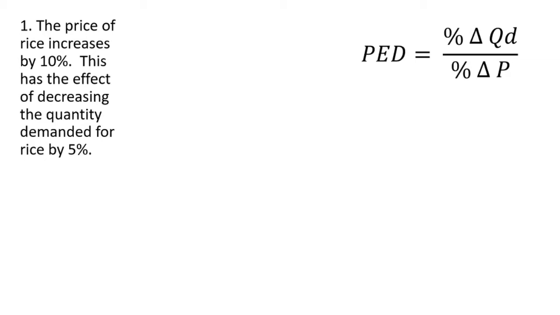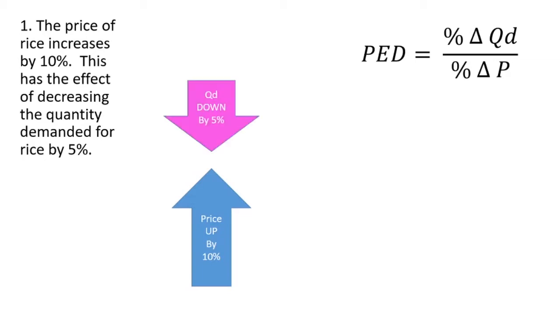Say that the price of rice increases by 10%. This has the effect of decreasing the quantity demanded for rice by 5%. What is the price elasticity of demand of this product? Well, to work this out, we say our price has gone up by 10%. The quantity demanded has gone down by 5%.